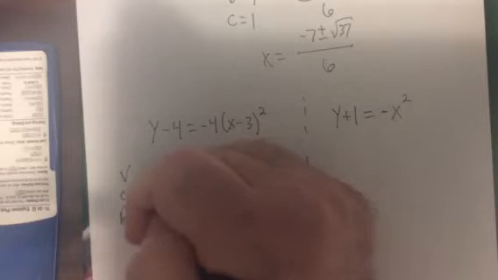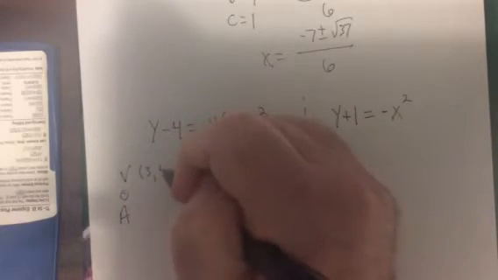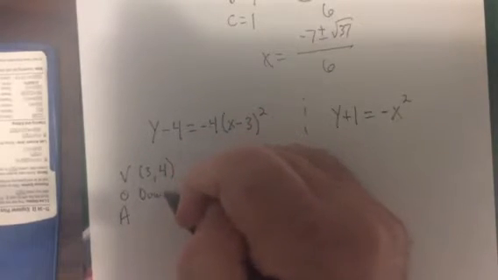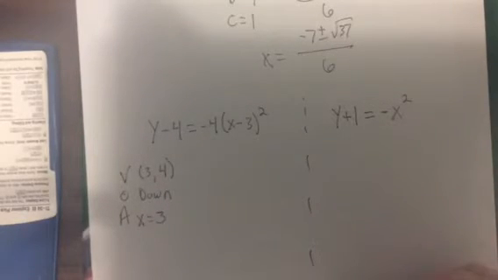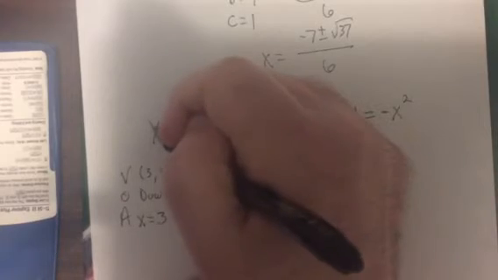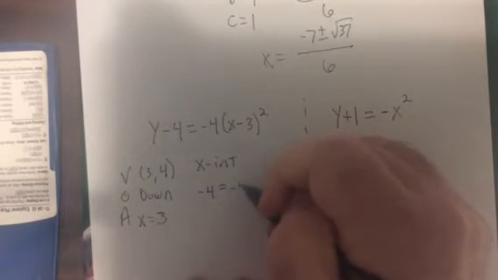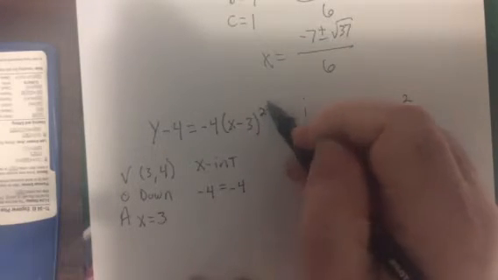Okay, so for this one, the vertex is 3, 4. It opens down. The axis is x equals 3 because it's up or down. Then in junior year, you do parabolas that open left and right. Then the x-intercept, you put 0 in for y. Now notice, you cannot distribute the negative 4 because of that square.